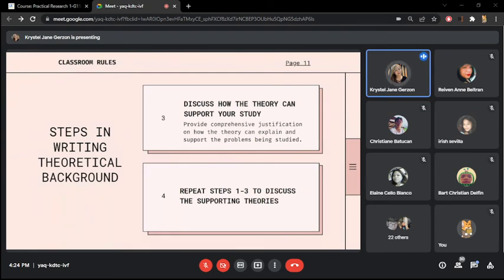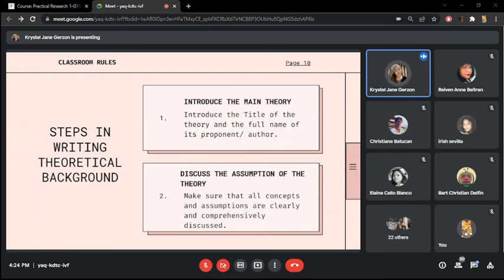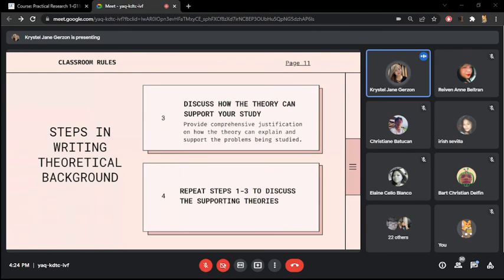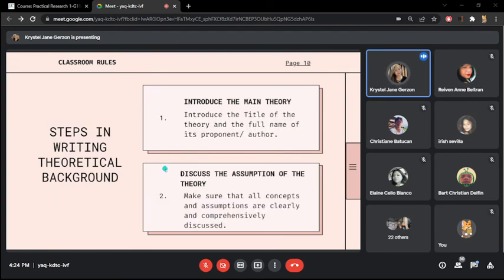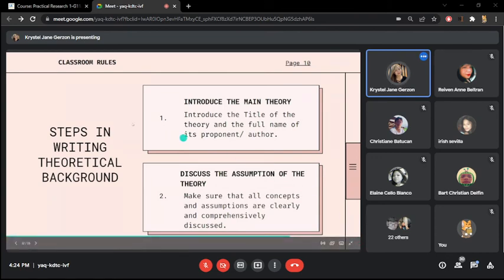Once you're done with the second theory, introduce the third theory, discuss the assumption, and then also discuss how this theory supports your study. So just 2 to 3 theories, because I would not want you to have a very lengthy theoretical background. But that is the pattern for writing your theoretical background.